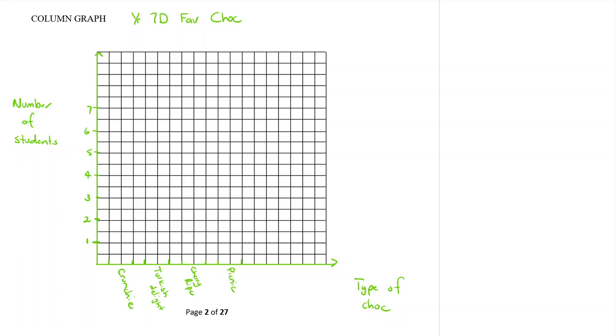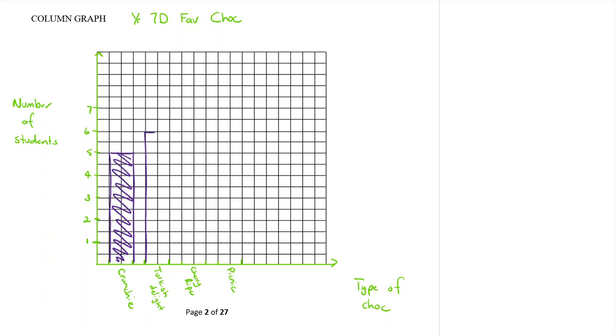To draw the column graph, Crunchie was chosen by 5 people. So we want to draw a nice tall column like this that goes over the Crunchie. And if you do it with your ruler, that's even better, to get a nice column like that that goes up to the number 5. Then we have our little gap, and the Turkish Delight goes up to 6.